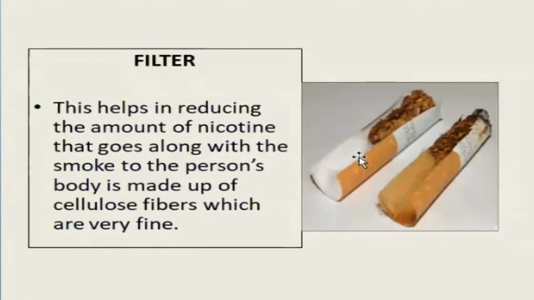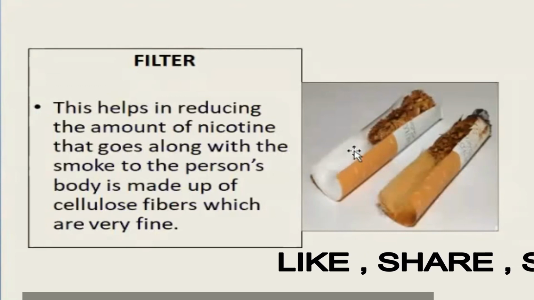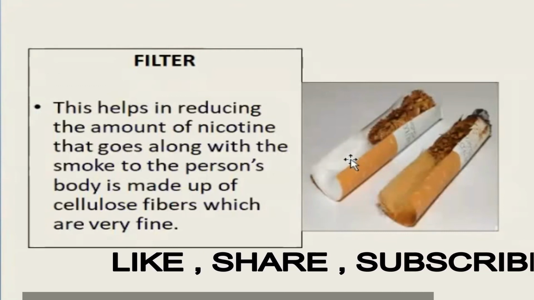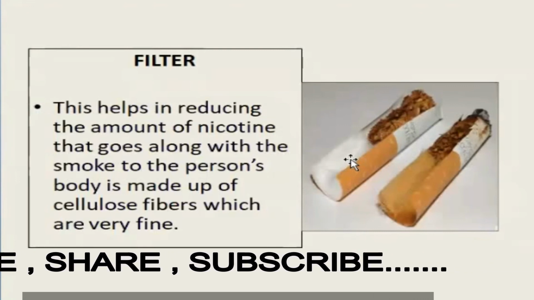This helps in reducing the amount of nicotine that goes along with the smoke to the person's body. It is made up of cellulose fibers, which come from the plants itself.